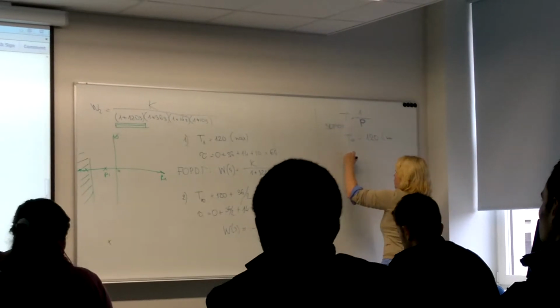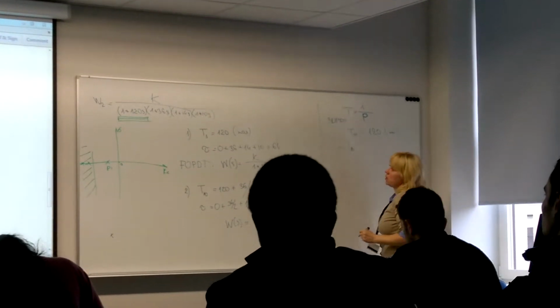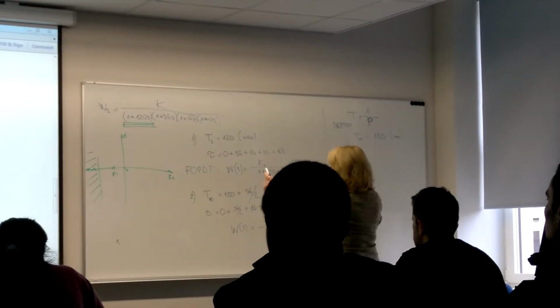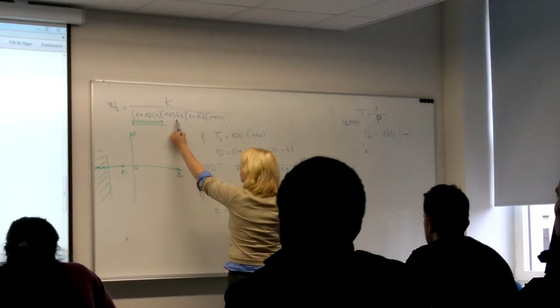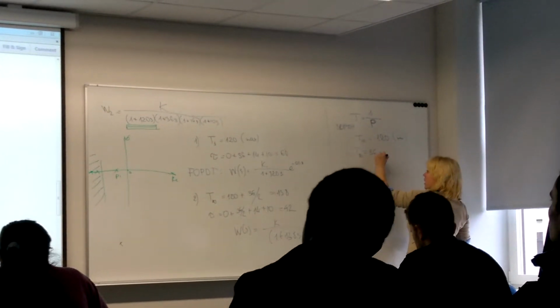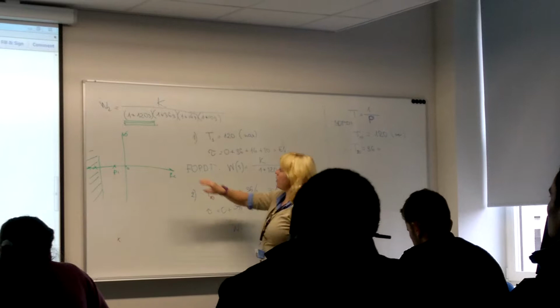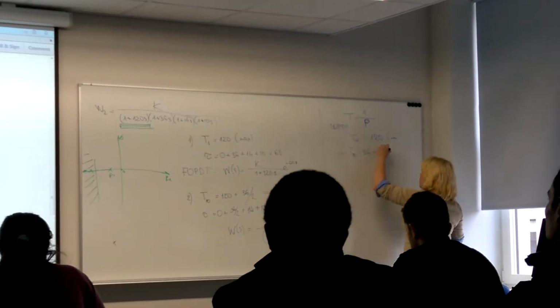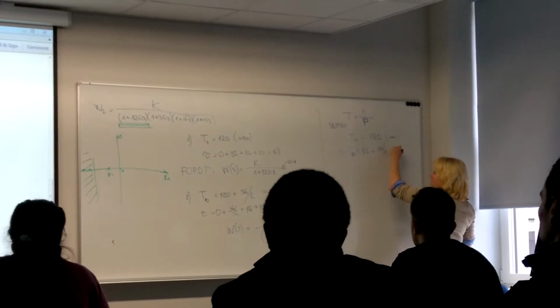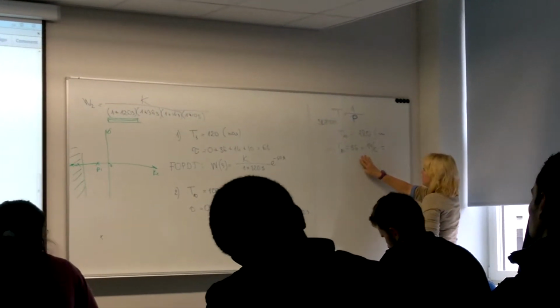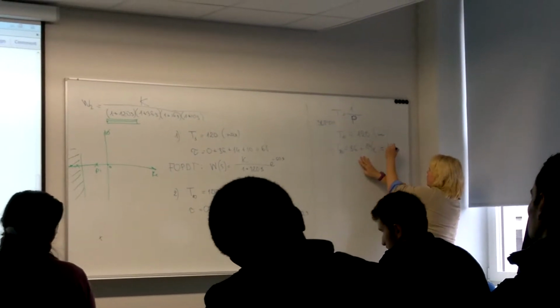Then we should find the second one. The second one will be the next largest one, 36 plus half of the third one. So in that case it will be 43.